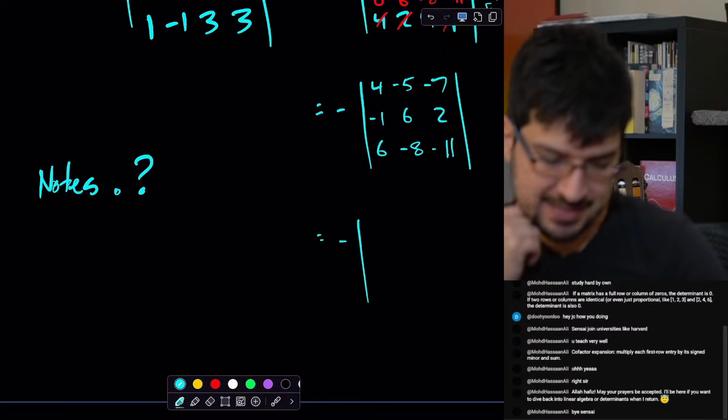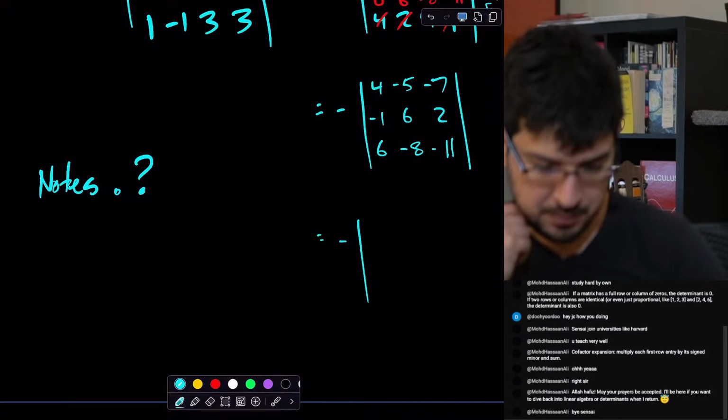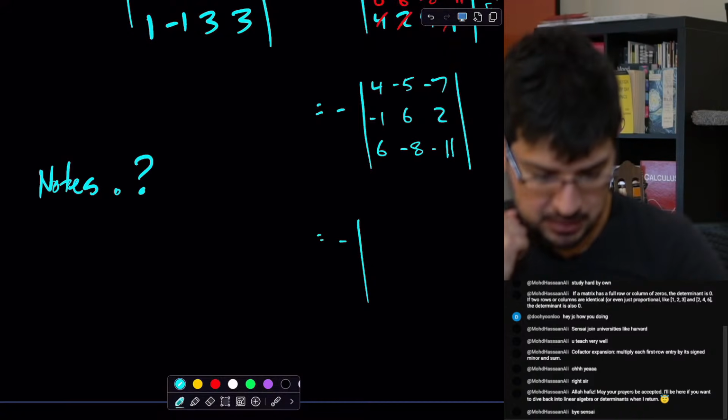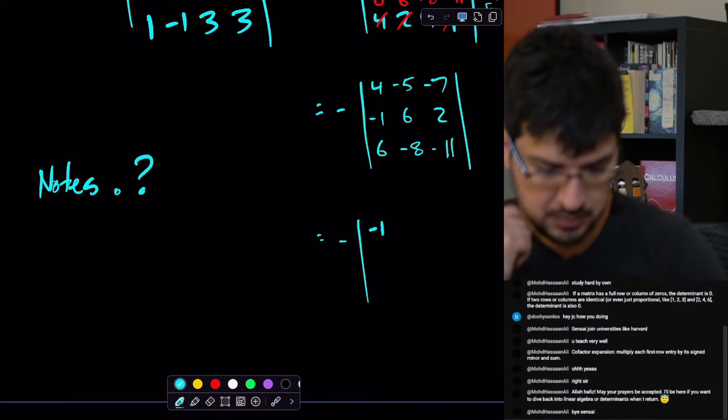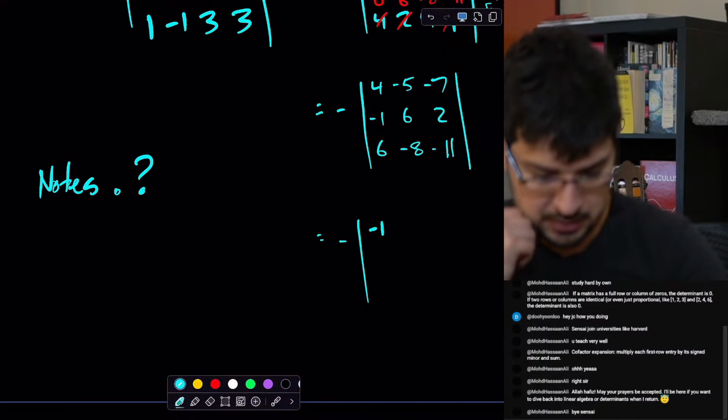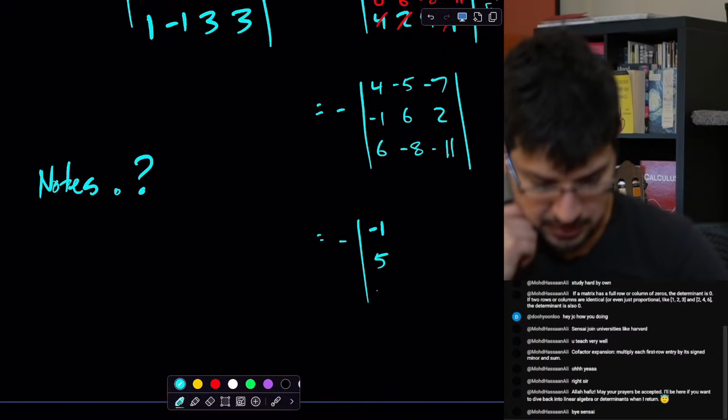I'm going to add the second column to the first. 6 plus negative 1 is 5. 6 plus negative 8 is negative 2.